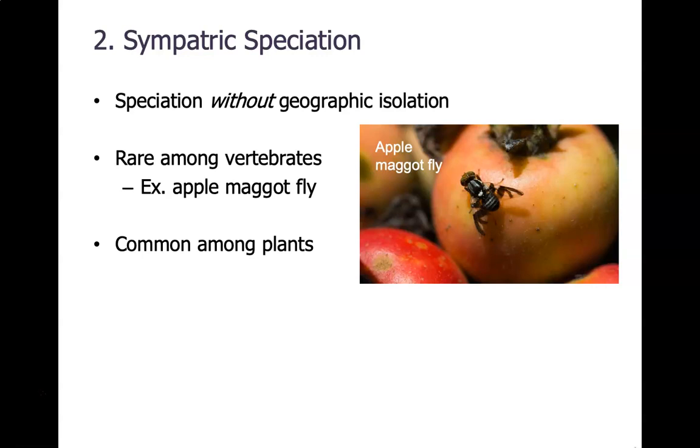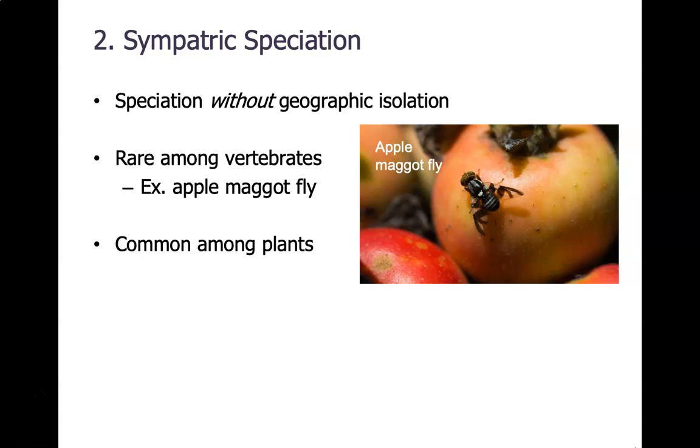Now this is very rare in vertebrates, and the reason is that they're mobile, they can move around. And so that constant gene flow through closely positioned populations is going to allow them to remain more similar, and so they're not going to be as likely to go down their own evolutionary pathway.